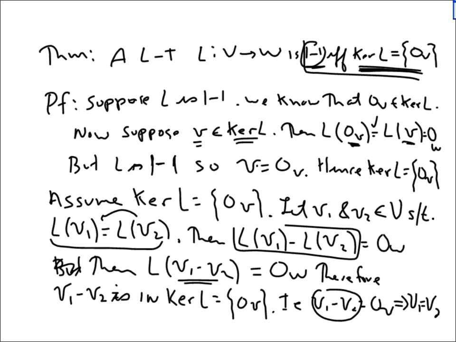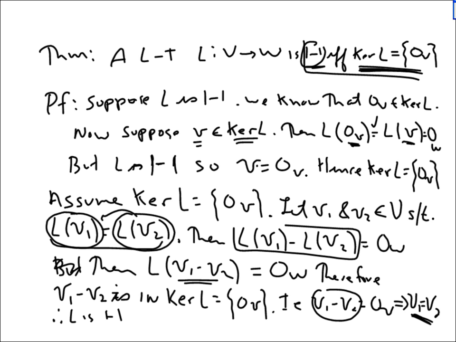If you subtract two vectors and you get the 0 vector, then these two vectors were the same. Therefore, L is 1 to 1. I'm taking what I initially think is L of two different values, and I'm concluding that those two different values were in fact not different. They were the same. That means L is 1 to 1.